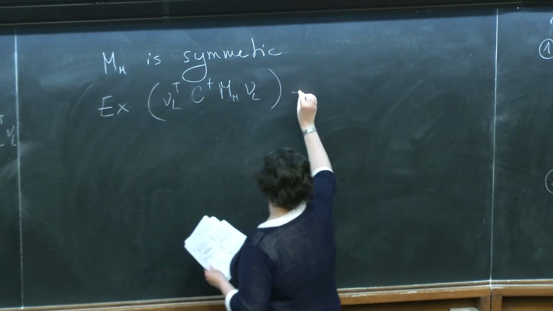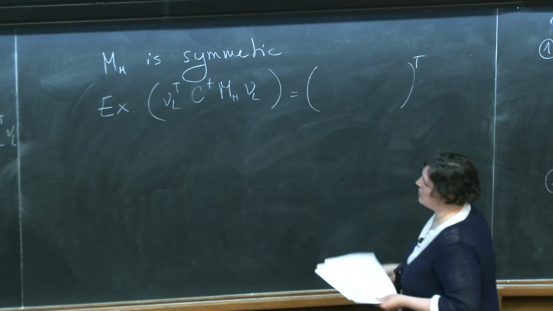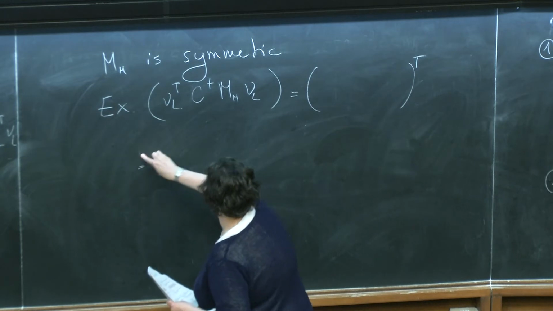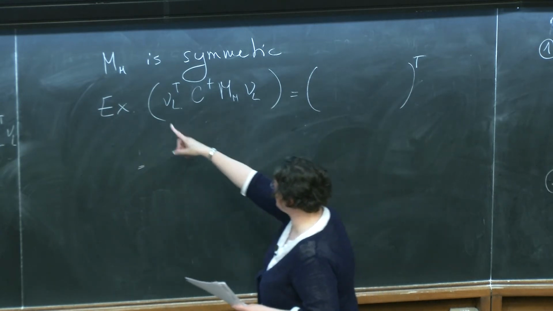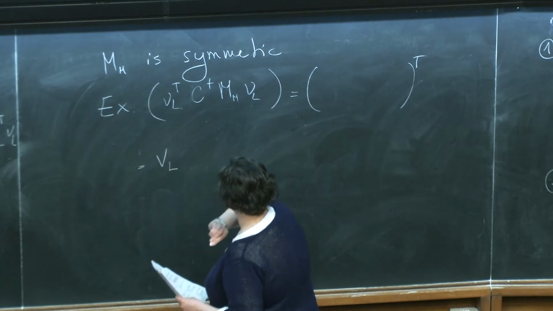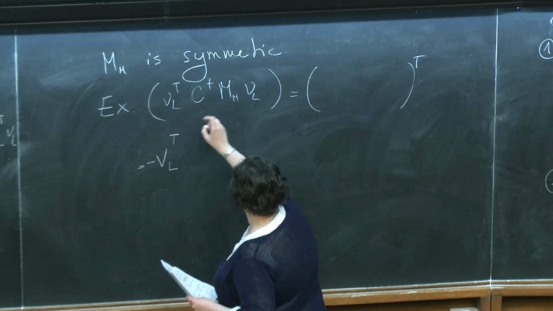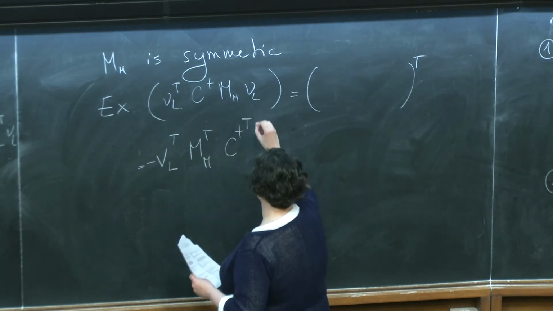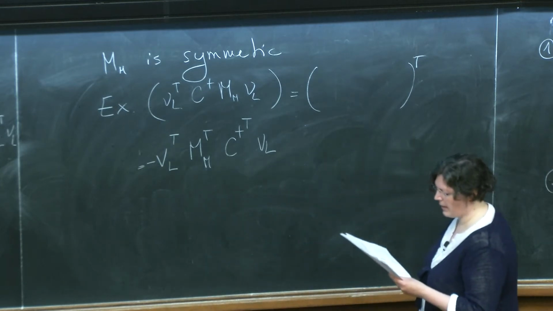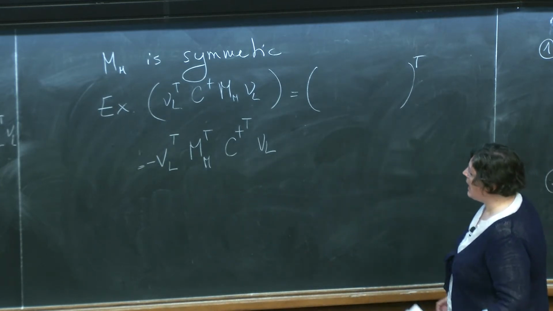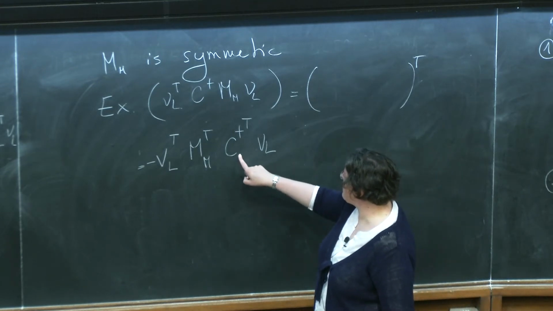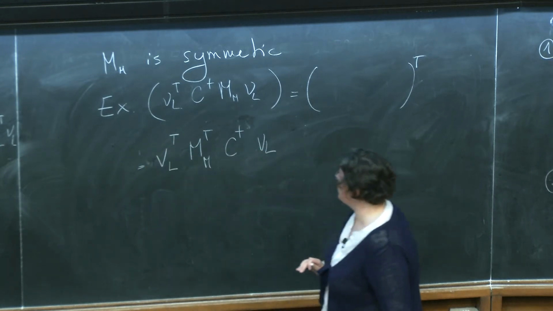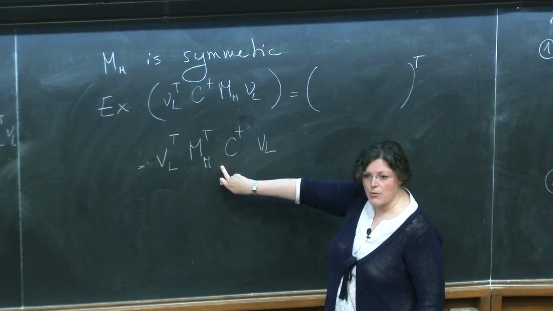I can take this to be equal to its transpose, because it's just a number. Now let's take the transpose of this. The moment I move this field to the other side, they anticommute, so I will have a minus new left transpose, M Majorana transpose, C dagger transpose, new left. And from the properties of the symmetries, if you remember, C transpose is minus C. So I get exactly what I want, that M Majorana is equal to its transpose, so it's symmetric.